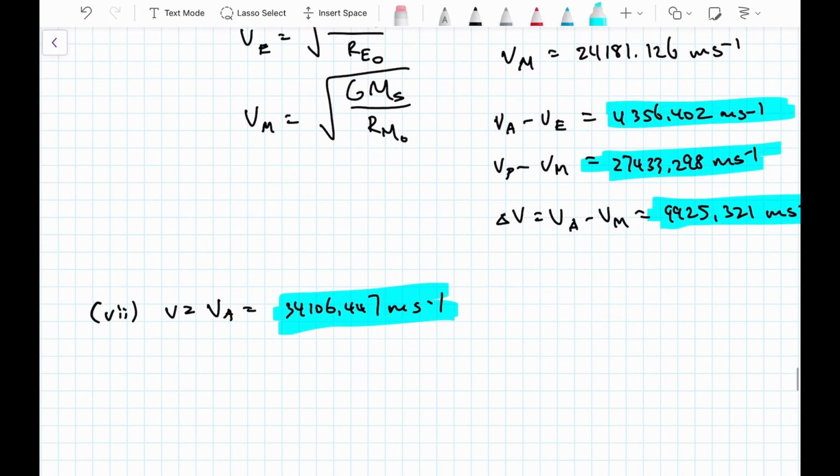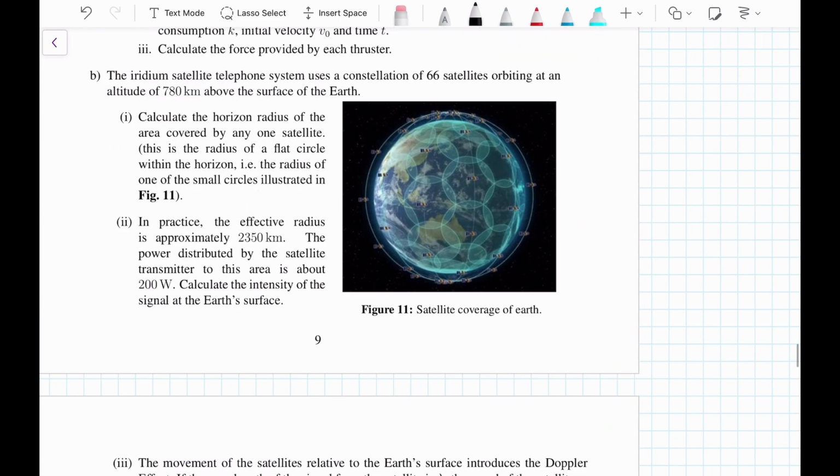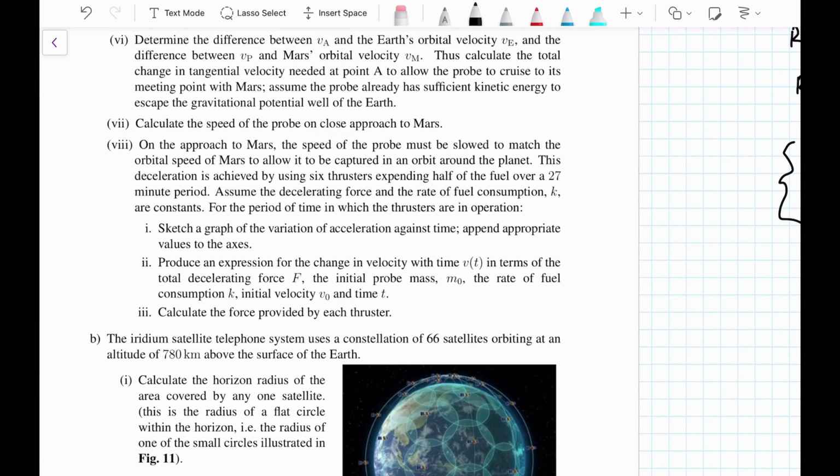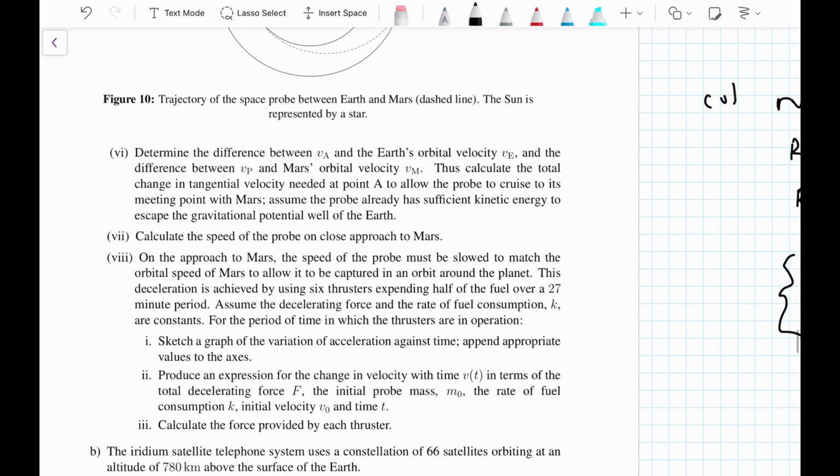Yeah, okay, now let's see this last part. On approach to Mars, the speed of the probe must be slow to match the orbital speed of Mars to allow it to be captured in an orbit around the planet. Wait, so it says to match the orbital speed of Mars to allow it to be captured in an orbit around the planet.